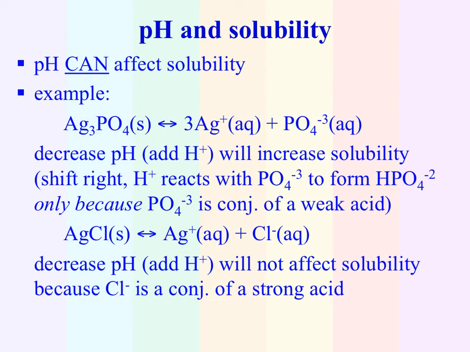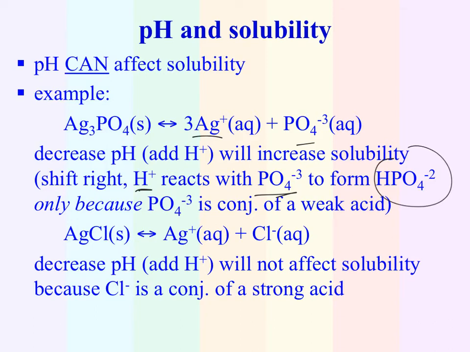Another example is silver phosphate. It ionizes into silver ions and phosphate ions. If we decrease pH by adding H plus ions, we're going to end up increasing the solubility of the silver phosphate. The reason is that the H plus ion is going to interact with the phosphate to form HPO4 minus 2.